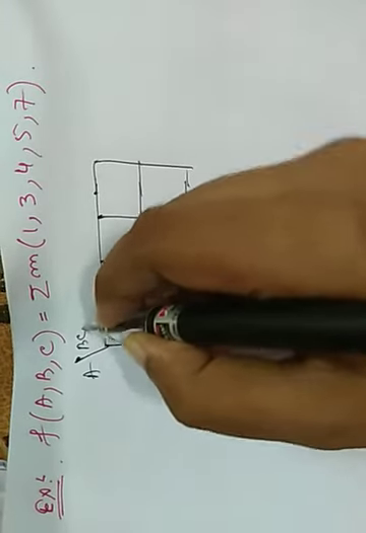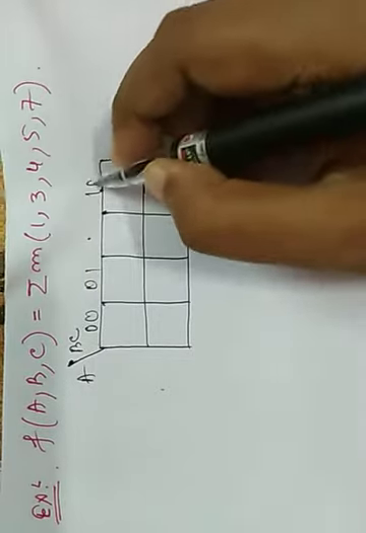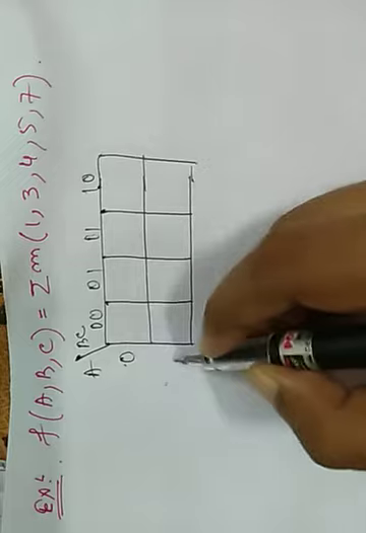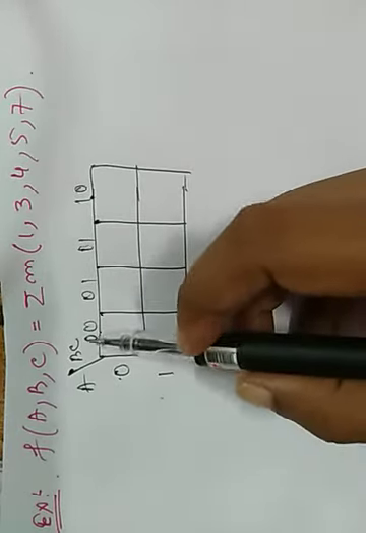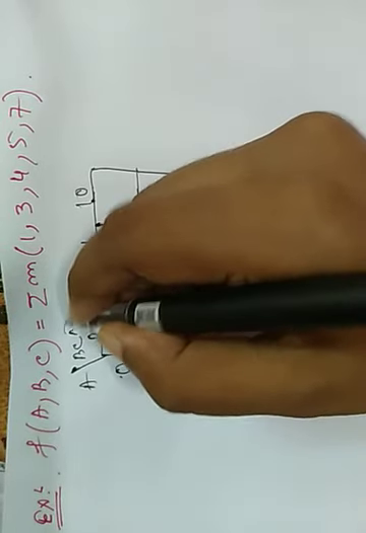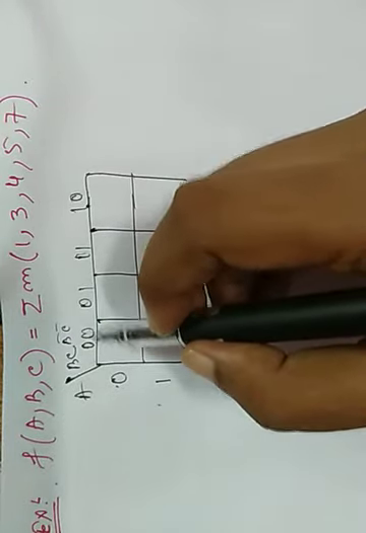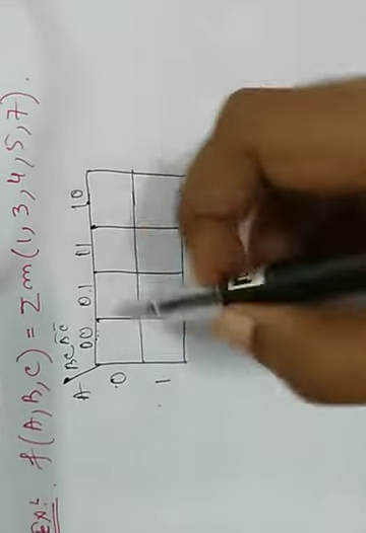A, B, C, 0, 0, 0, 1, 1, 0, 1, 1, and this is for 0, 1. Instead of 00, 01, you can write B bar C bar, but I think this is better to remember: 00, 01, 11, 10, and then write the variables.